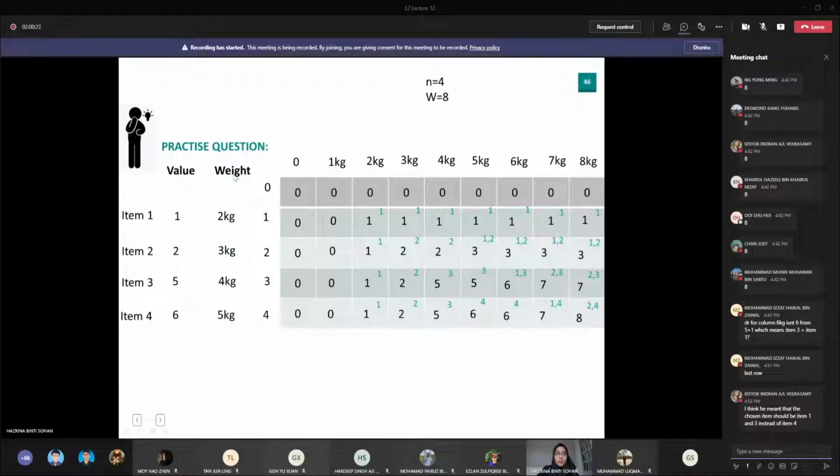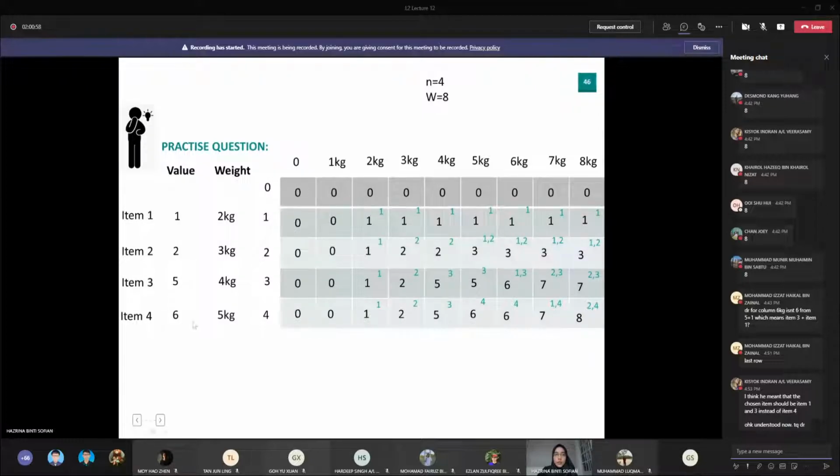Because weight is the consideration factor, we have to pick the highest weight, which is 5 kg. That's why we put 6 as our value, because at 6 kg we can no longer put item 1. So the chosen item should be item 4.